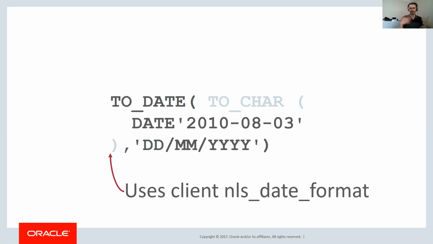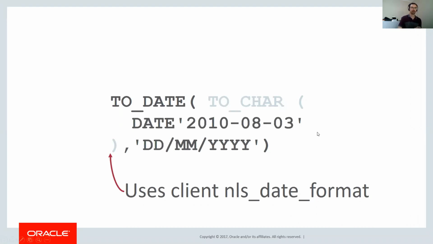Americans prefer month, day, year for some reason, and so on. Everyone could have their own setting for this and end up with a different conversion, which is a problem. So this is something to watch for: if you are passing a date into a TO_DATE, what you're actually passing in is a string, not a date. So be aware of that.